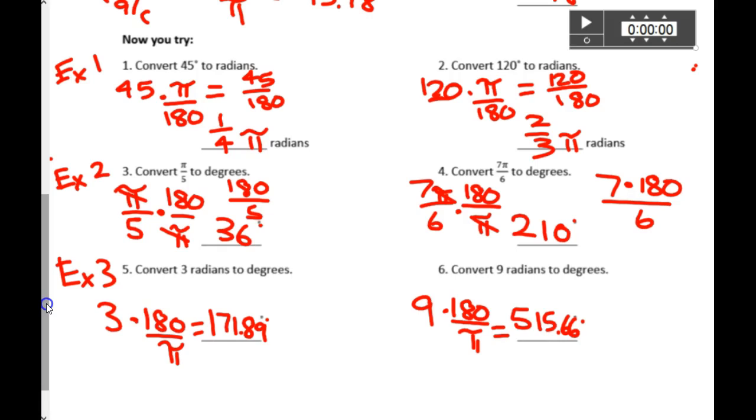All right, and then what you're going to do is the second page you can separate where it says practice. You're going to do the front side for regular, front and back for pre-AP. 1 through 6 is like example 1.